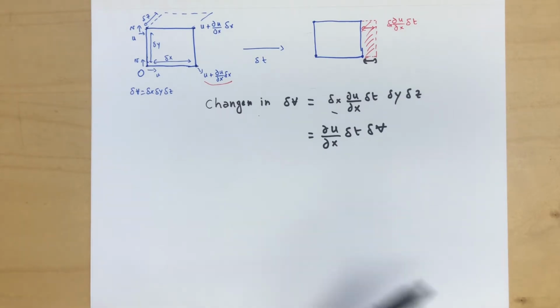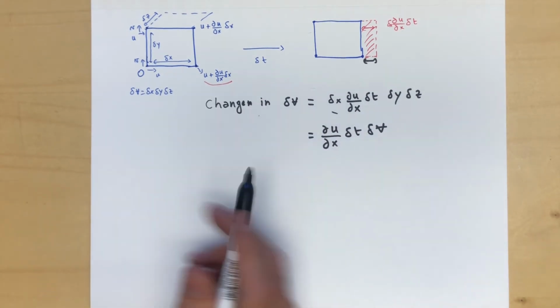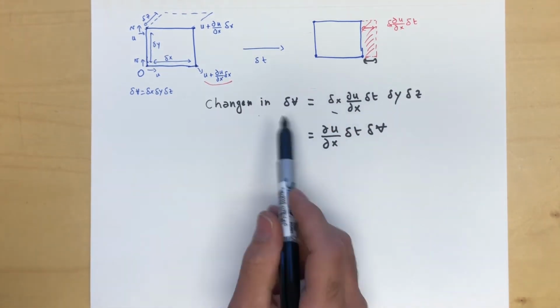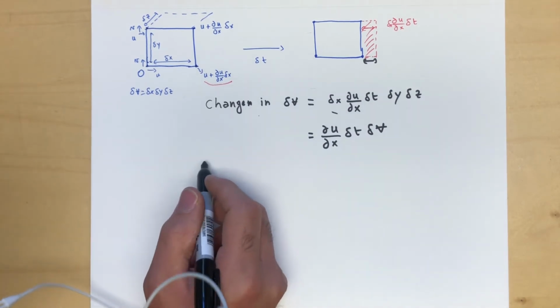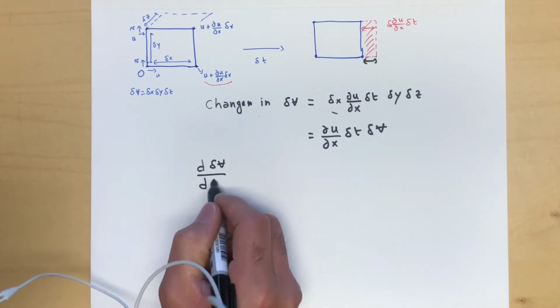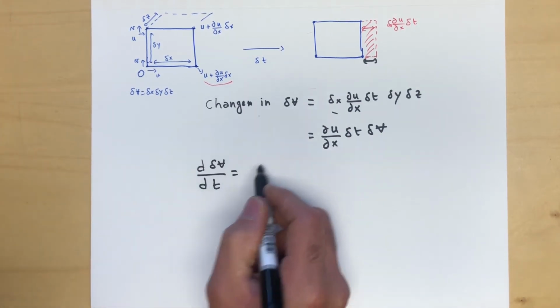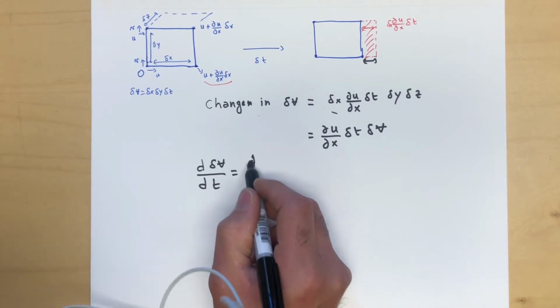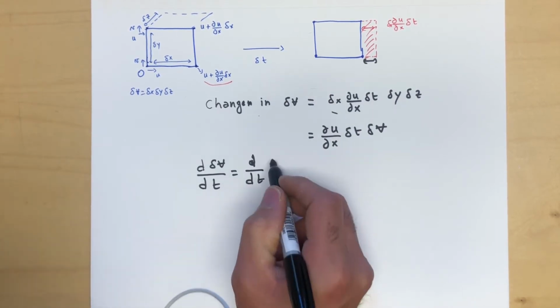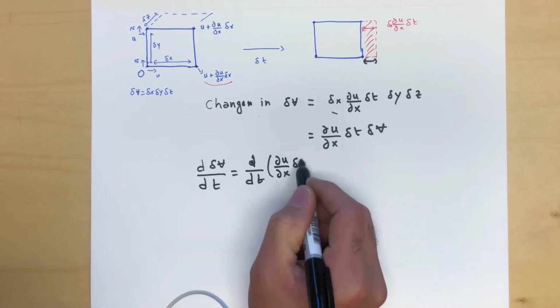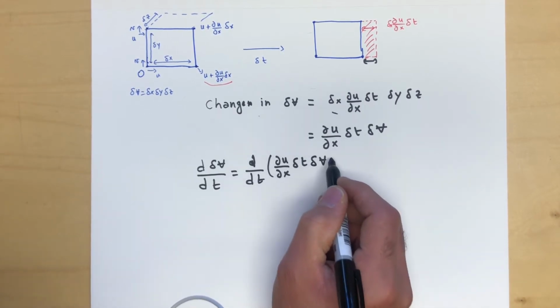Now the rate at which this volume is changing is given by the time derivative of this change. So if we take d delta v by dt, that is going to give us d by dt of du by dx delta t delta v.